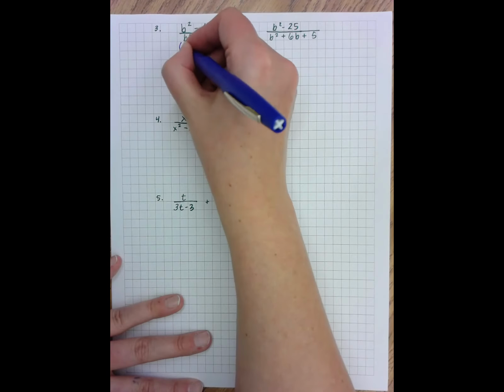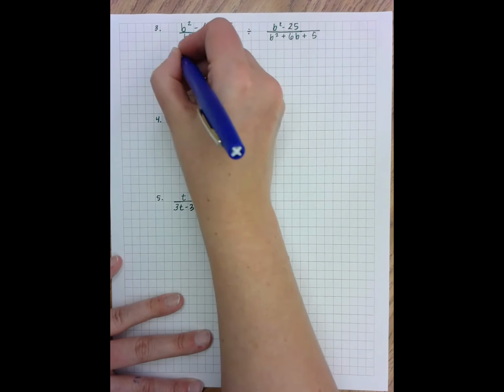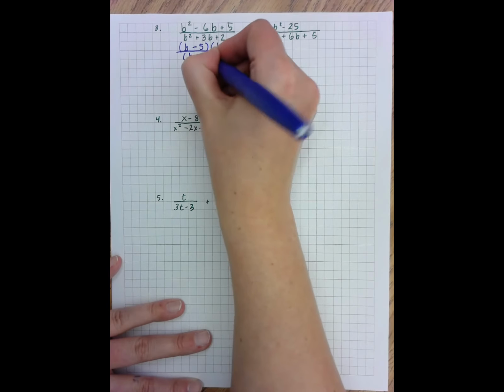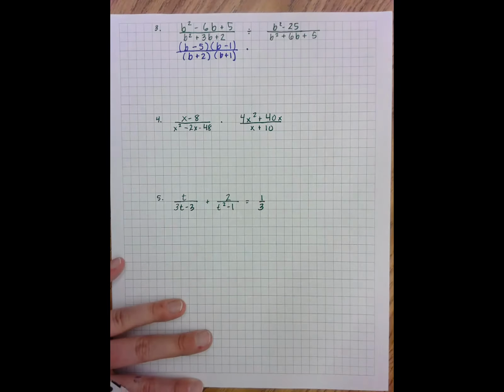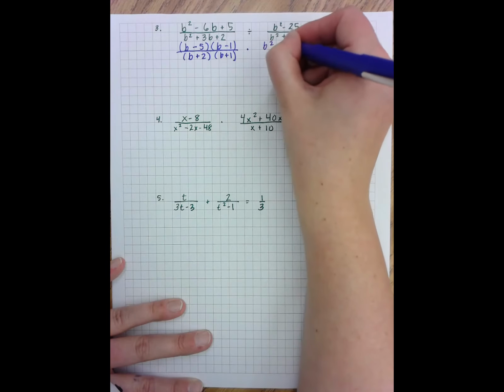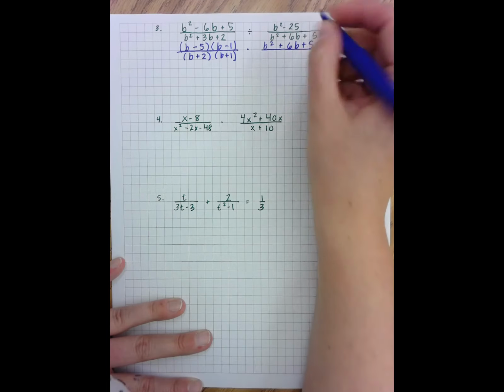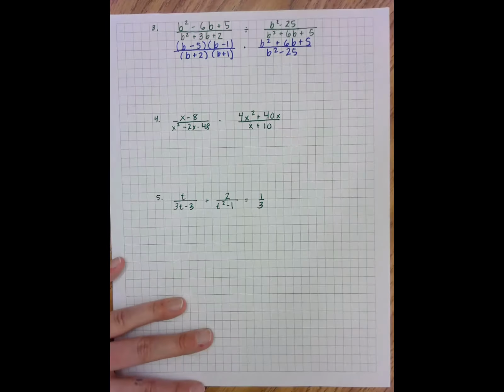The first is I'm going to factor the top of my fraction and the bottom of my fraction. I'm going to change my division to multiplication, and then I'm going to rewrite my second fraction. Remember, when dividing by a rational number, it means the same thing as multiplying by the reciprocal.